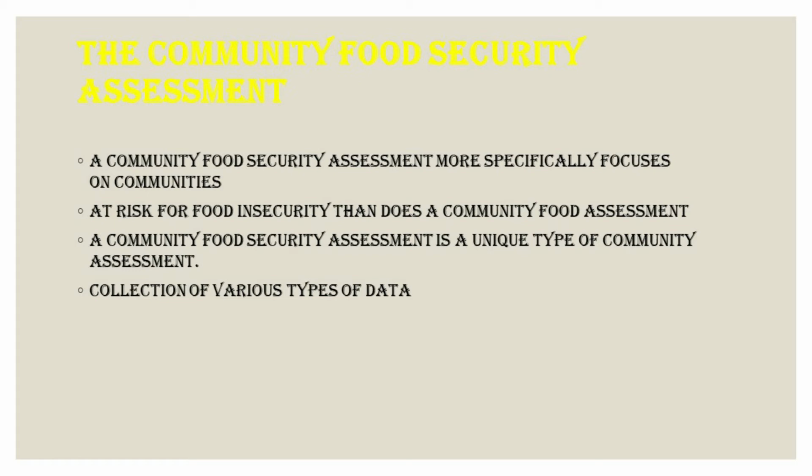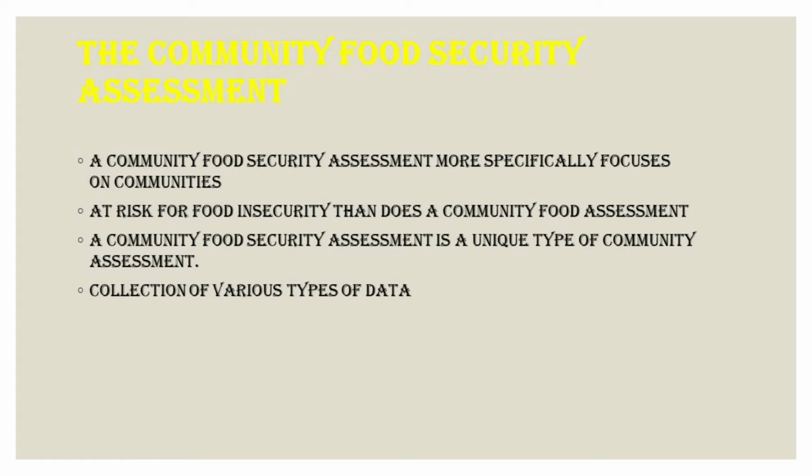The USDA has developed a toolkit of instructions and materials for conducting a community food security assessment. The kit contains standardized measurement tools for assessing various aspects of community food security.